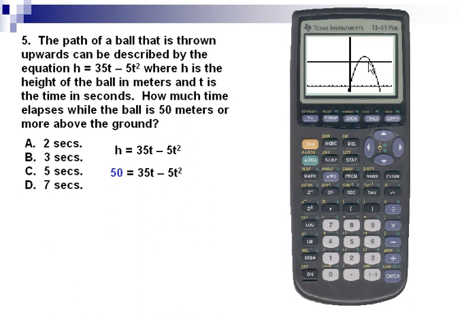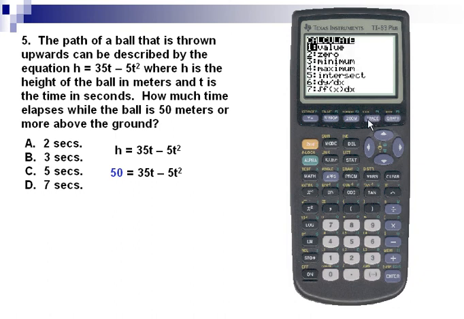The problem asks us to find how much time elapses while the ball is 50 meters or more above the ground. So we need to calculate these 2 points of intersection to determine their times, so we can determine how much time has elapsed between those points.